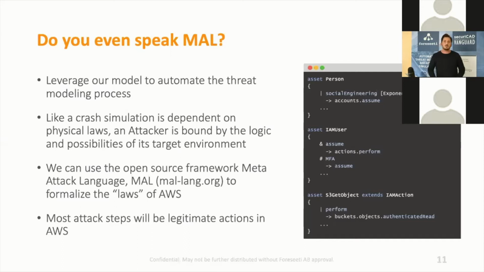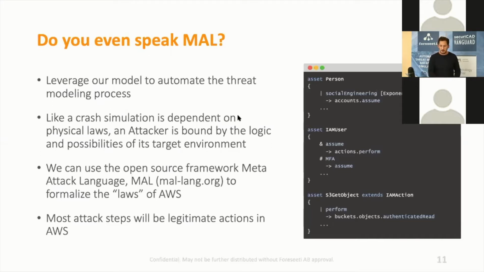So we are using an open source framework called MAL, which stands for the Meta Attack Language, where we can formalize these laws for our simulation and our model. This is an open source project, and you can find it on mallang.org and try it out.